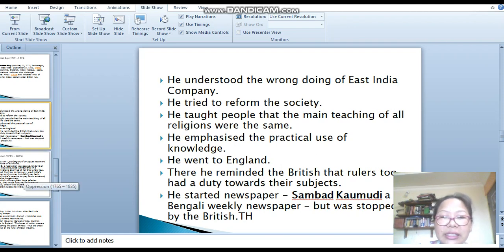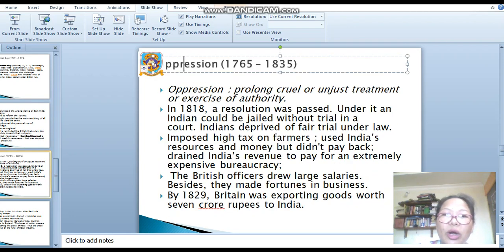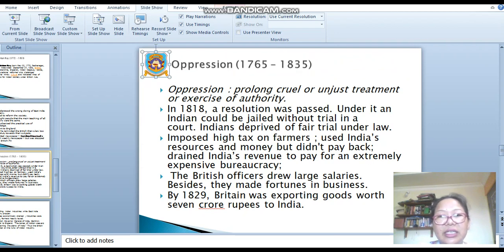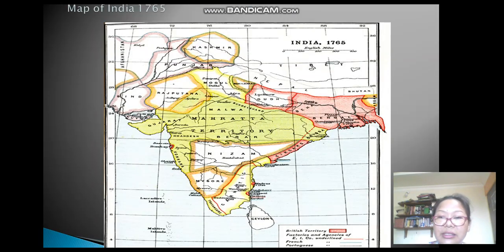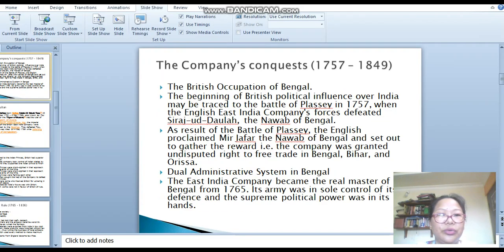Now today I'm going to explain oppression. What is oppression? Oppression, the duration period here is 1765 to 1835. Oppression means a prolonged, cruel or unjust treatment or exercise of authority. That is what oppression means.